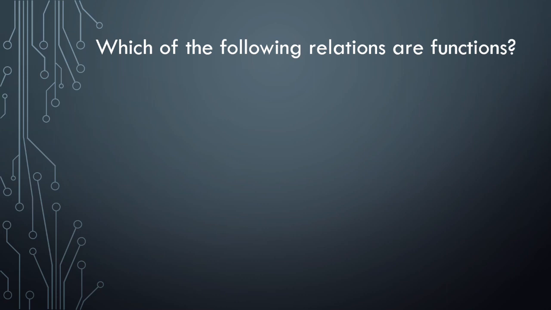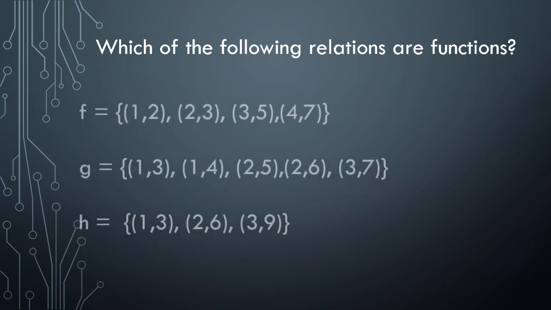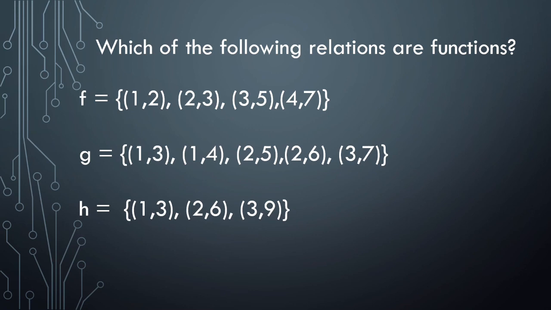Let's try to answer this one. Which of the following relations are functions? We have three given relations: F, G, and H. For relation F, we have the ordered pairs (1, 2), (2, 3), (3, 5), and (4, 7). Is it a function or not? Yes, it is a function.